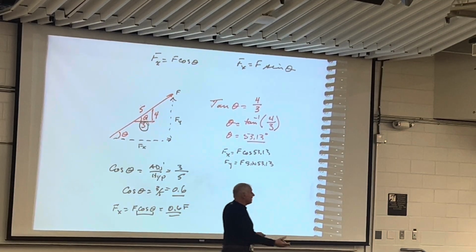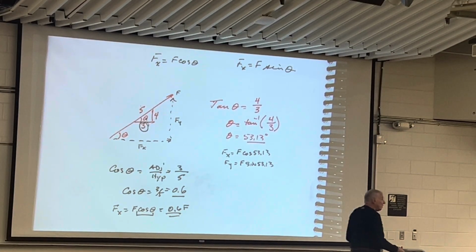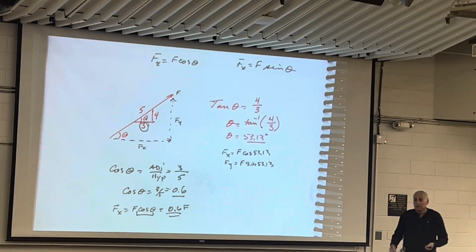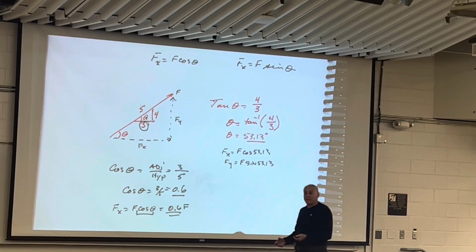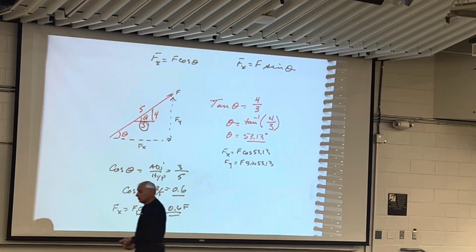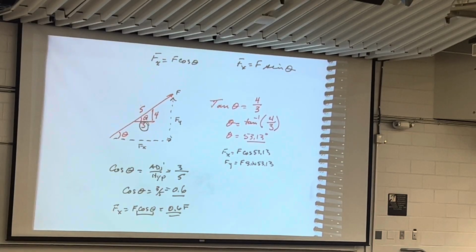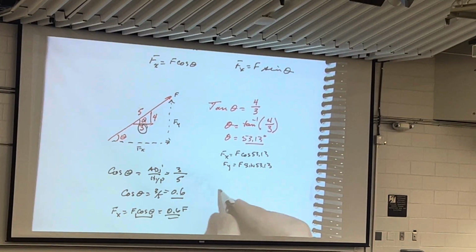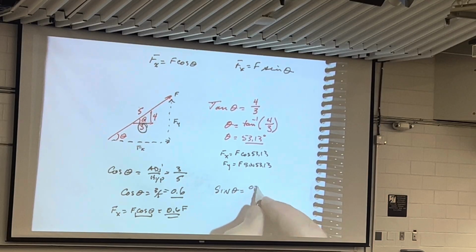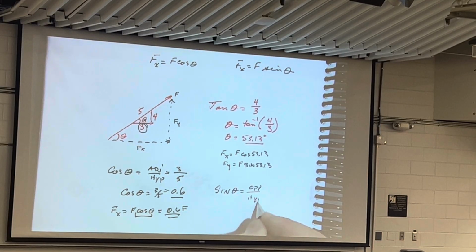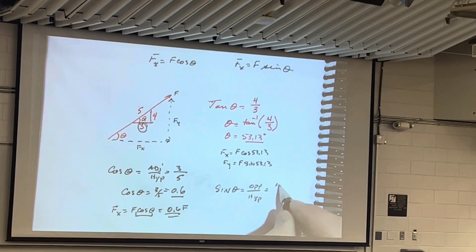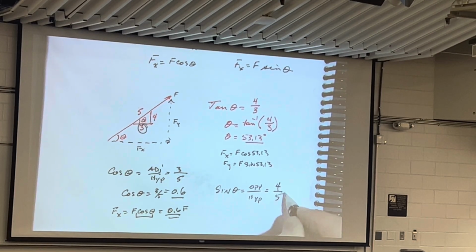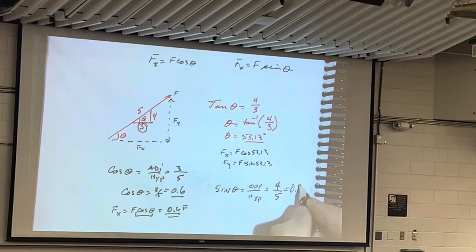I could do the same thing for the y. I could say sine of theta is opposite over the hypotenuse, which is 4/5, which is 0.8.